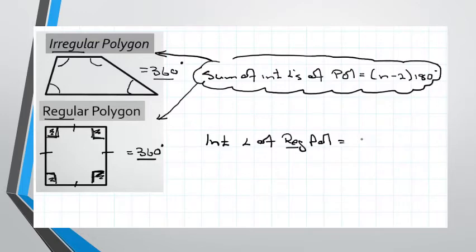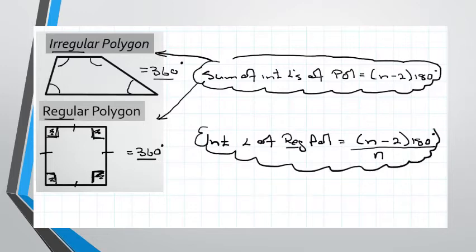So I'm going to write the value now as n minus 2 multiply 180, and because the angles are all the same, the number of terms is equal, divide by n. And here I have derived the formula for the interior angle of a regular polygon.